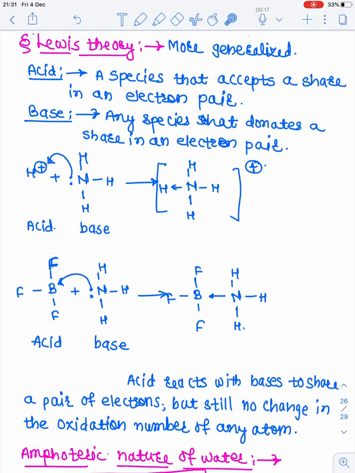And here in ammonia, there is a lone pair of electrons on the nitrogen, and therefore it always donates a share in an electron pair. This BF3 will accept a share in an electron pair. Therefore it is an acid and this is a base, and therefore you will get here a compound.